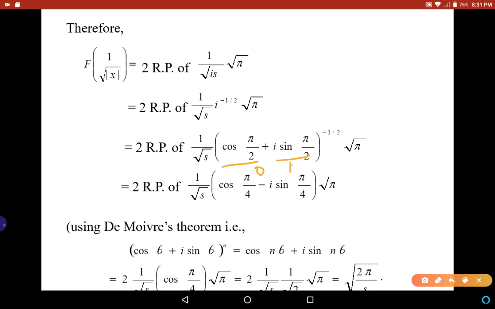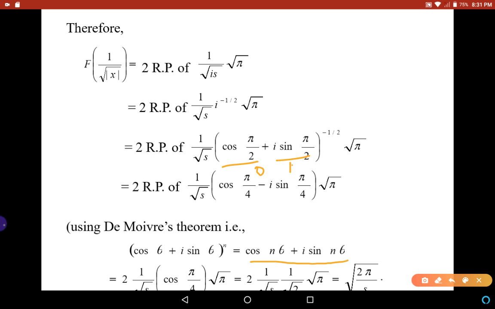Therefore, i can be written as cos pi by 2 plus i sin pi by 2, whole power minus 1 by 2. Now using De Moivre's theorem, which states that cos theta plus i sin theta whole power n is cos n theta plus i sin n theta.